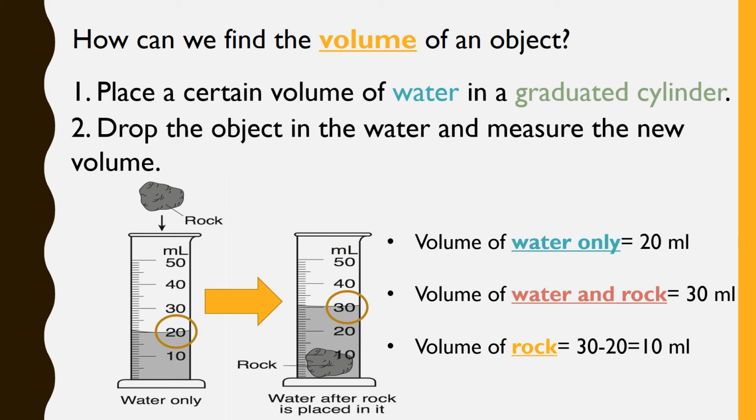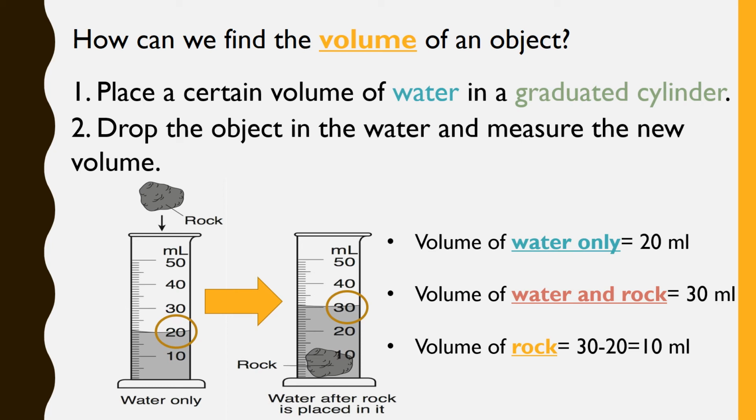Be careful, we didn't add more water. We still have the same amount of water. The water is still 20. But when we dropped the rock, it took place instead of the water. Do you remember when we said before that two things cannot take the same space at the same time? So the rock pushed the water up and took its place.